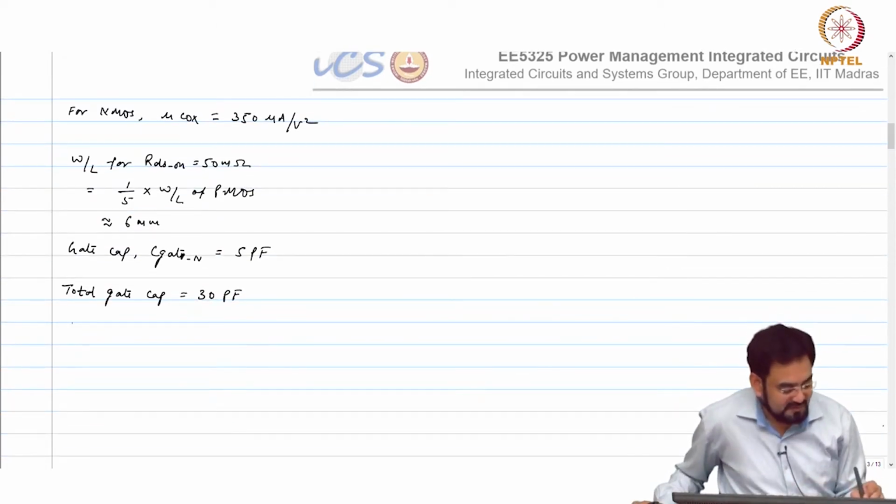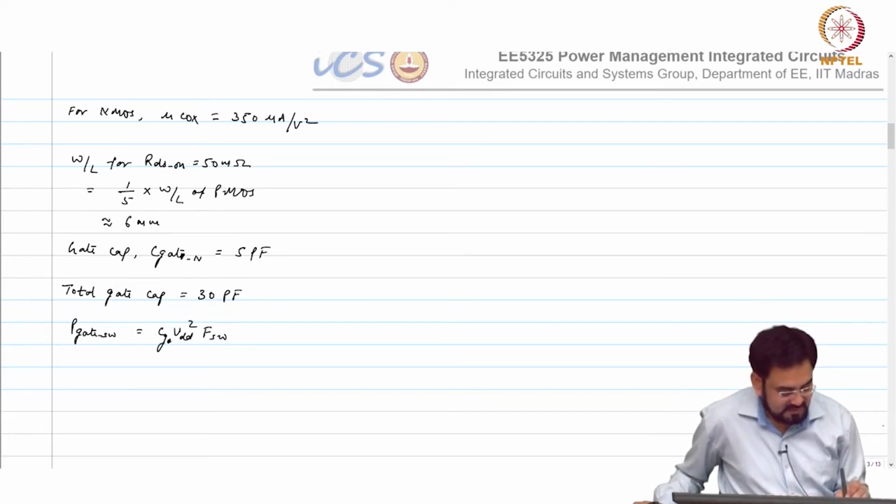So, CV square F. So, the gate switching loss P is C VDD square FSW.